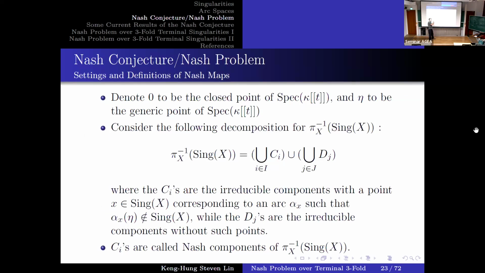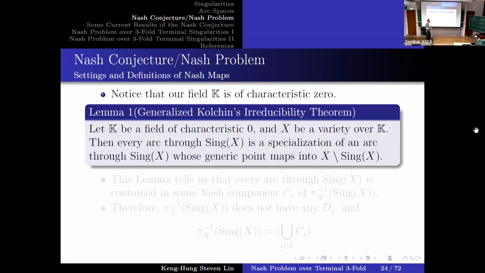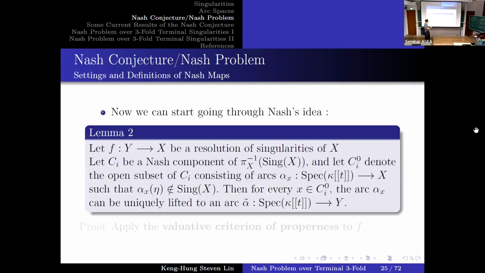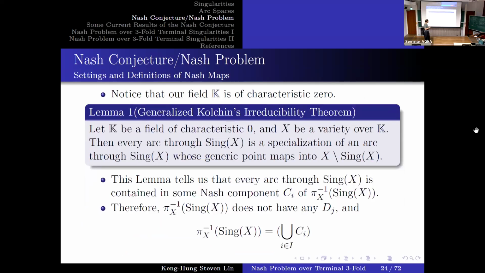It might not be fully occupied. Well, by your previous lemma, you can first lift Ci to the arc space in Y. Yes, for a single arc, I can lift. But for the components, it is non-trivial, right? So this is a theorem. Okay, maybe we can talk about this later.